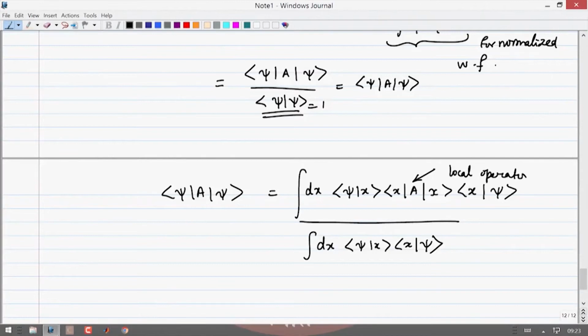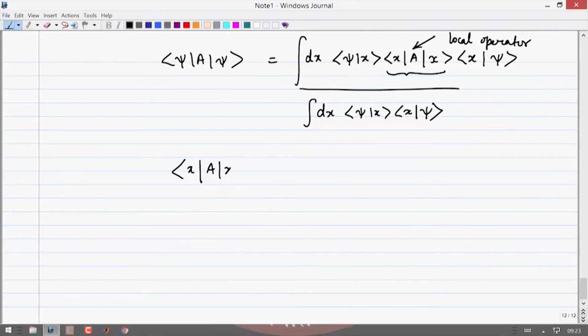Position, momentum, all these things that we study, the dipole moment and all the properties that we normally represent, physical properties for a molecular system or an atomic system, are usually considered to be local operators. And therefore, if you recall, this is like the matrix element of the operator A, the matrix element A x x, with a slight difference that x can take any values.